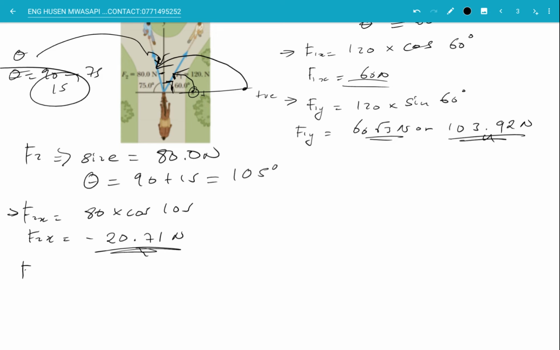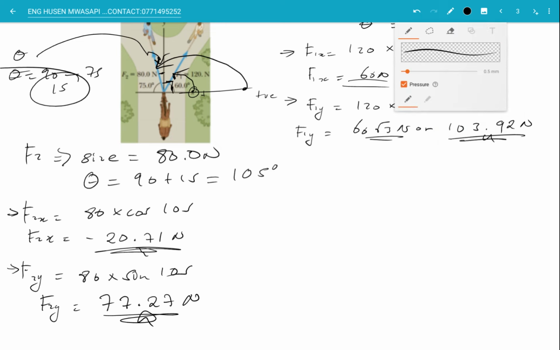F2y is equal to 80 times sine of the direction, 105. So F2y is equal to what? 80 times sine 105 is going to be 77.7 newtons.